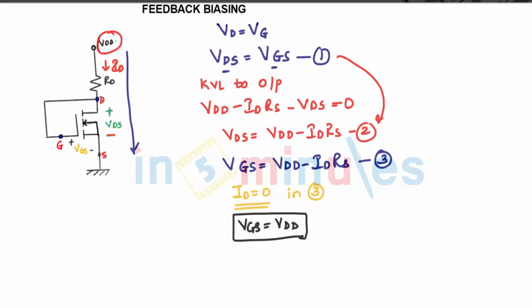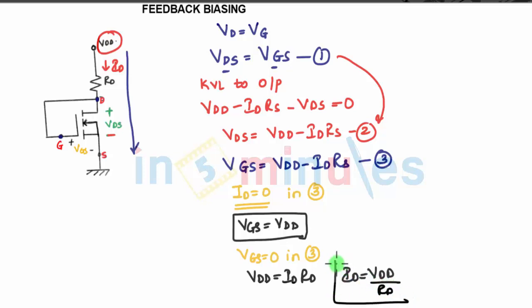And in the same equation, if I substitute VGS equals 0, I will have VDD equals ID into RD, or ID equals VDD upon RD. The same thing we did for plotting the load line in the case of the BJT. So in one case my VGS is VDD with ID equal to 0, and in the other case my VGS is 0. So I have got two points.